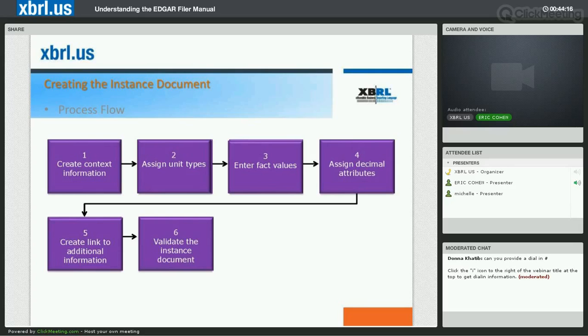Based on the presentation and the numbers, we assign appropriate decimal attributes to let it know how much it has been rounded. We create links to additional information, the information that you'll normally find on the bottom of a page with a number, a star, a superscript that points from a fact down to that text. Footnotes, not notes to the financial statement footnotes, but the more traditional literary footnotes. And finally, the validation process.